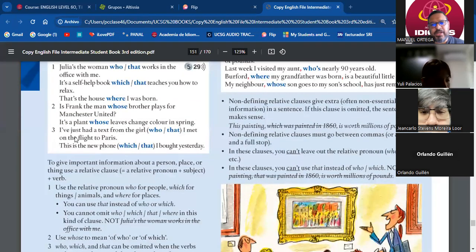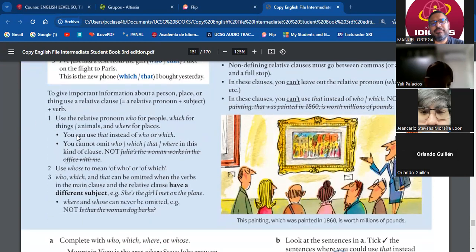Number 3, I've just had a text from the girl who I met on the flight to Paris. This is the new phone which I bought yesterday. Regarding the girl, we are going to use who. Regarding the phone, we are going to use which. And here they give me the reasons.